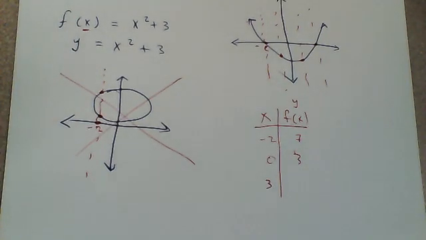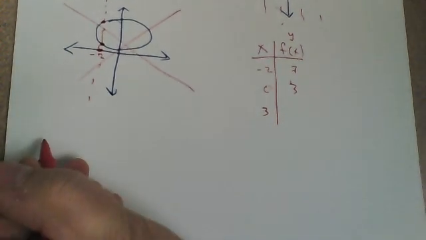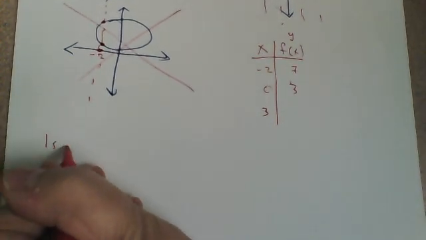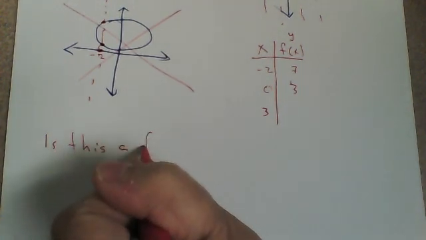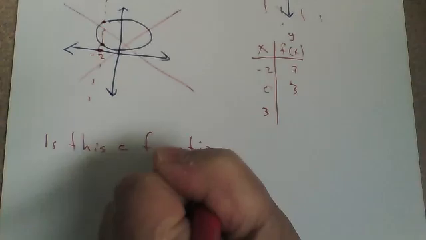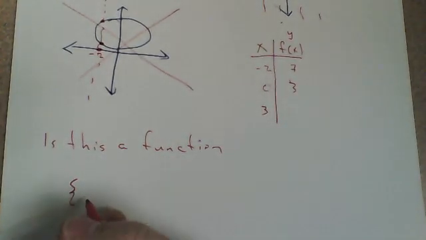When I was looking through your homework, it was also giving things like sets of ordered pairs. So is this a function, right? If I write down a set, and it's going to look like this, and it's going to have a bunch of ordered pairs in it.